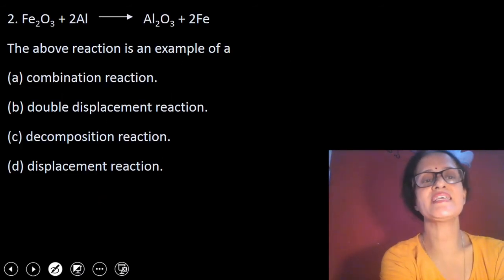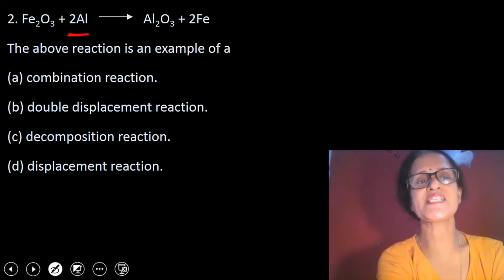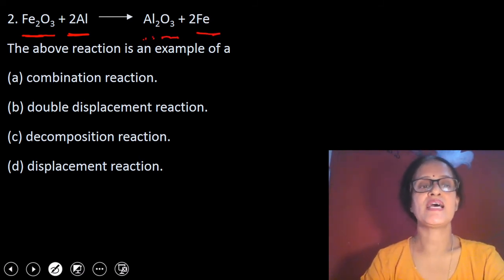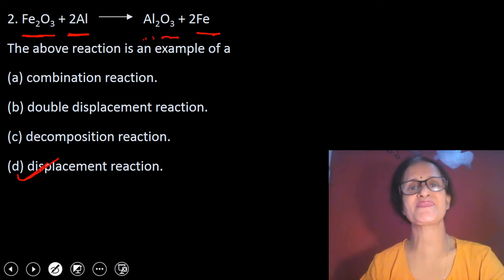So you can see here that aluminium being more reactive than iron displaces iron from Fe2O3 and the products are Al2O3 and Fe. So the answer will be displacement reaction. So the above reaction is an example of displacement reaction.